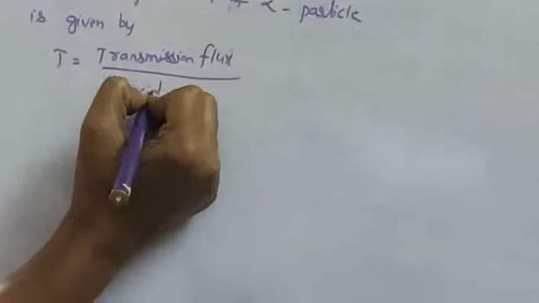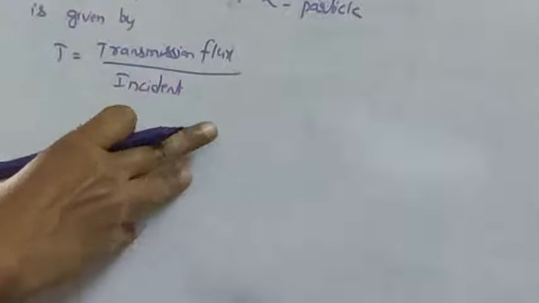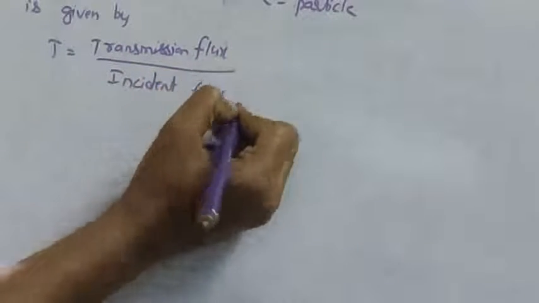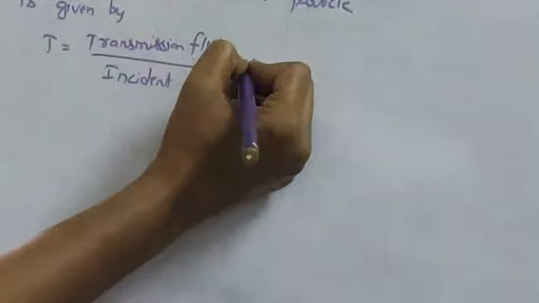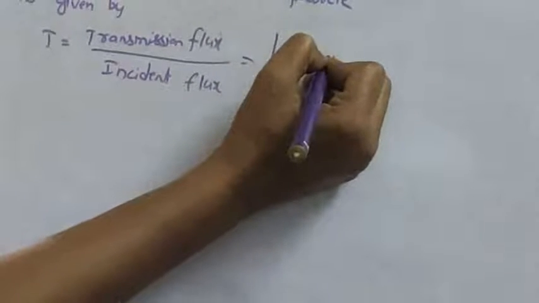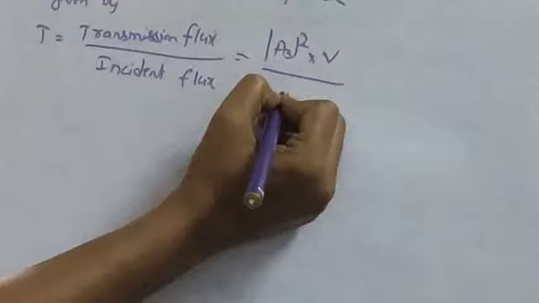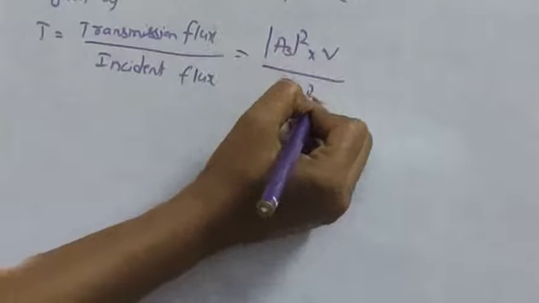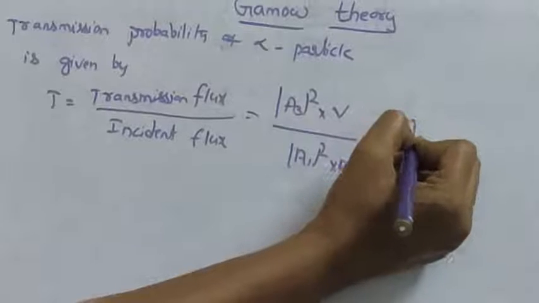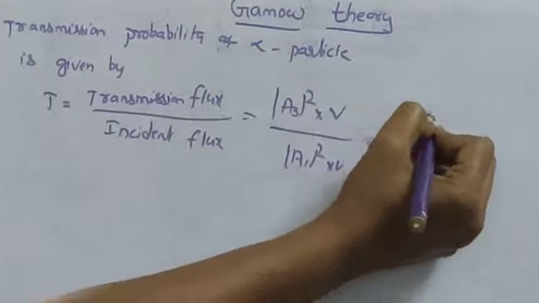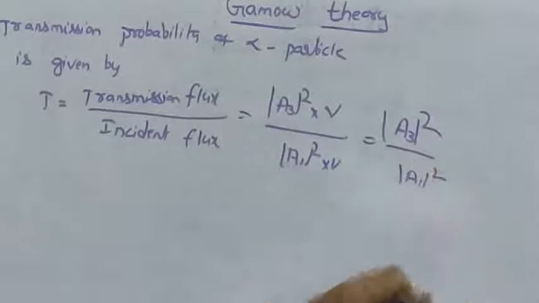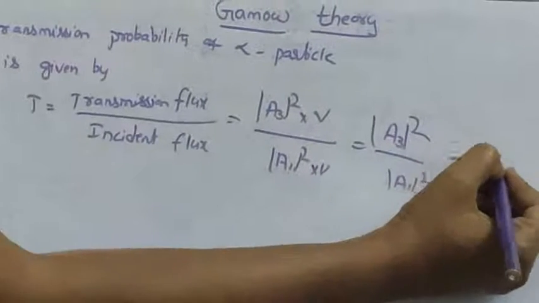So how can you define the transmission probability? It is the ratio of transmission flux to incident flux, and it can be denoted as mod A3 squared into V by mod A1 squared into V, that is equal to mod A3 squared by mod A1 squared. Consider it as equation number 16.